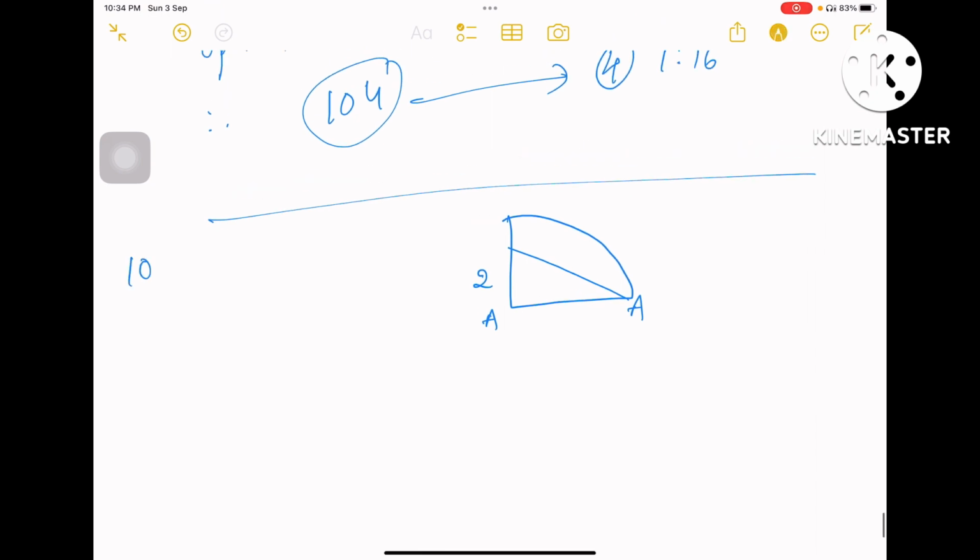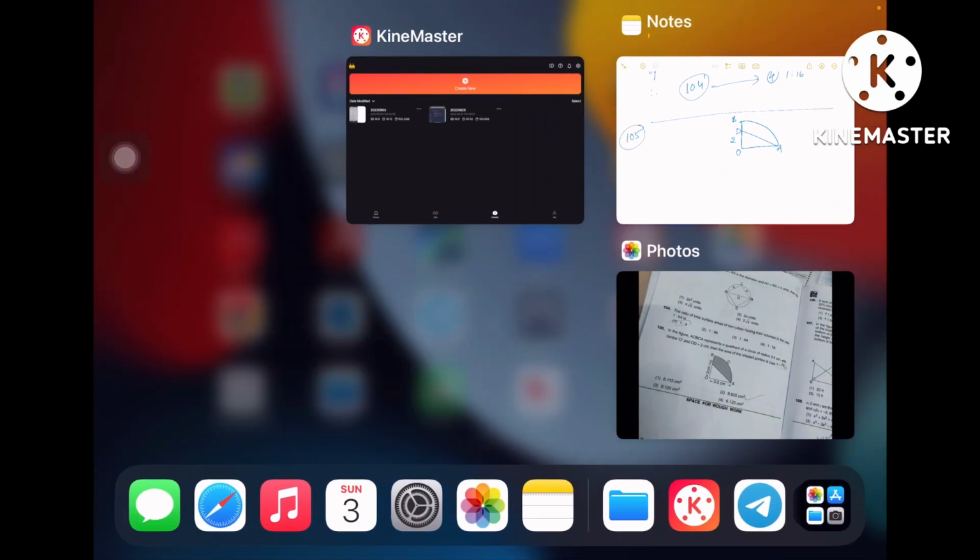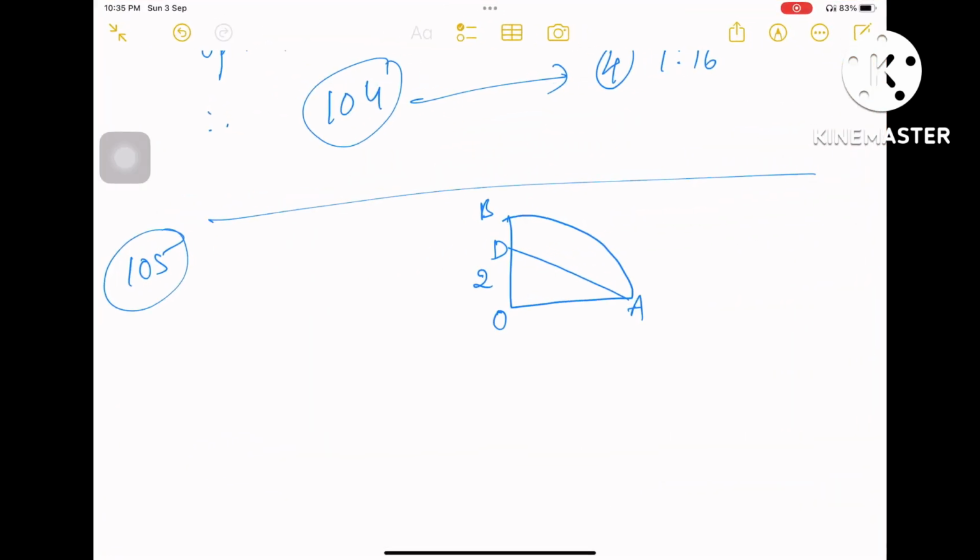For question number 105, the diagram is going to be: this is O, B, D, and this is C here.